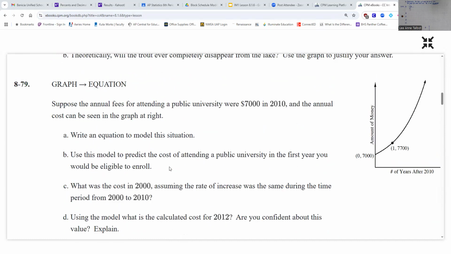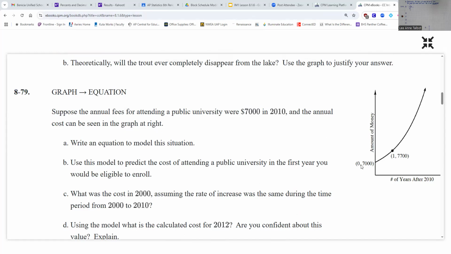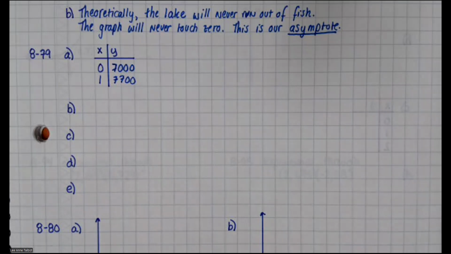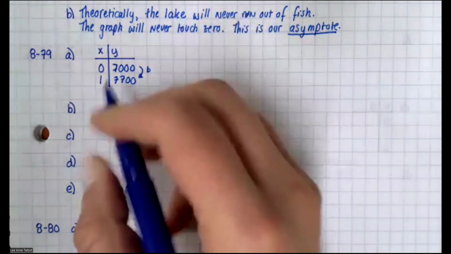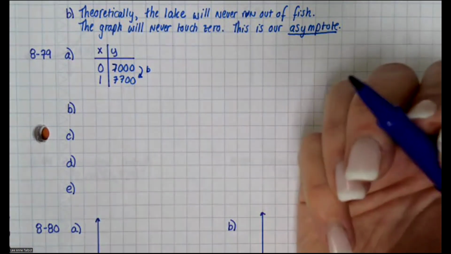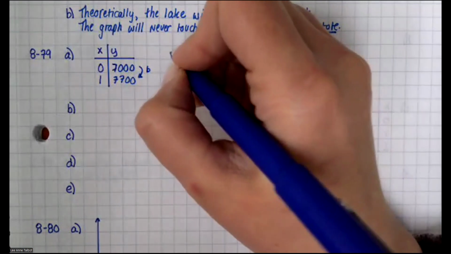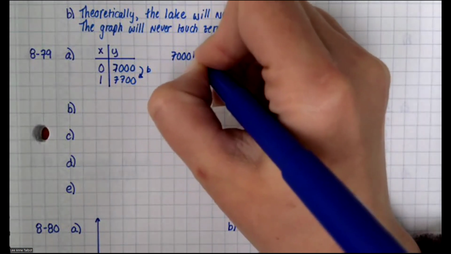Okay, hold on. We have to do little things at once. Okay, so can you guys first put those two coordinates in the table? So 0, 7,000 and 1, 7,700. We'll start with making the table from those. Okay, so 7,000 times something is 7,700. 7,000 b.